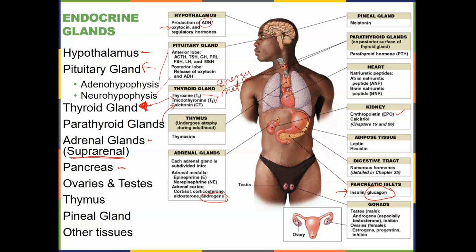If you do not have a lot of blood sugar, all right, have you ever like not eaten for a while and you get grumpy and you feel kind of grouchy and maybe a little bit lightheaded sometimes? What's happening is there's a signal going through your system and the pancreas is going to start releasing glucagon. Glucagon then signals the liver to start releasing glucose basically into the bloodstream.